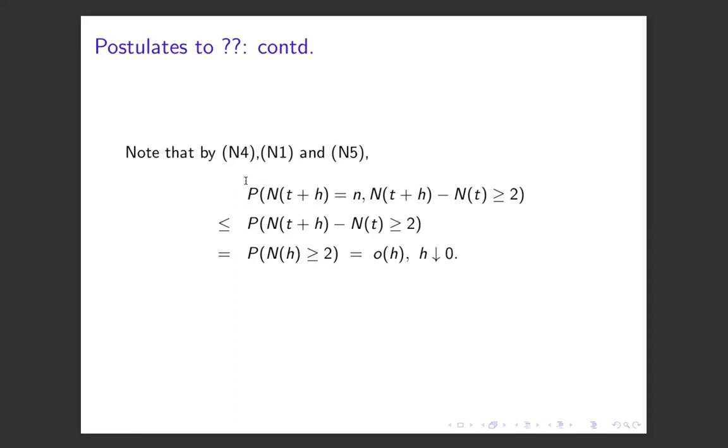Now you use N4, that is stationarity. So this probability is the same thing as the probability that N of h is greater than or equal to 2. And by our N5, this is equal to small o of h as h goes to 0.